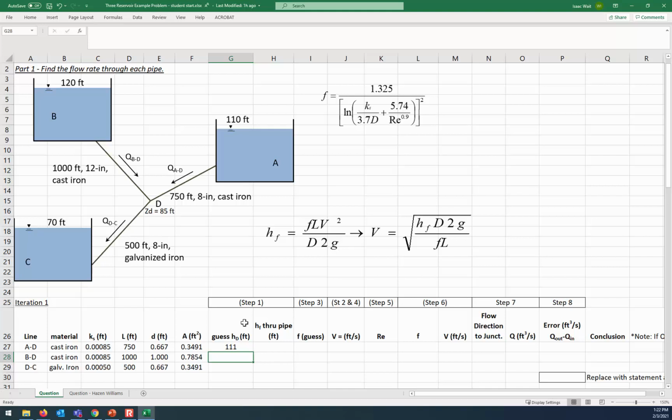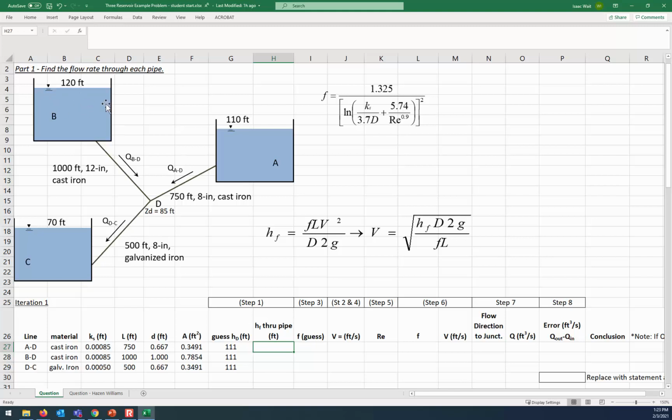Okay, so I'm just going to refer to that same initial guess for all 3 of my guess head values. And so then what does that mean about the head loss through the pipe? So we're going to have to be smart about this, me especially, because I'm now walking without a net underneath this tightrope. Okay, so the head loss through the pipe.